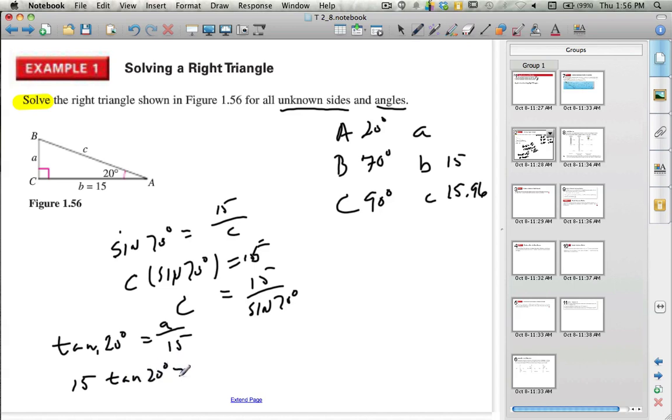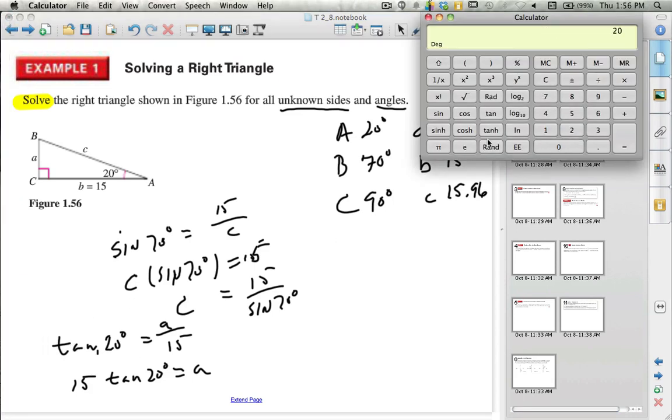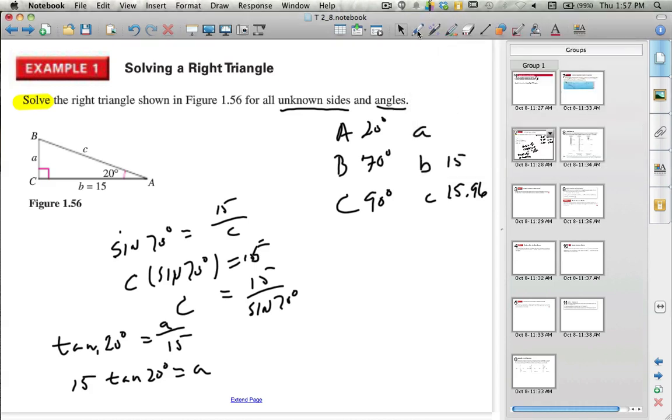So if I multiply both sides by 15, 20 tangent times 15 equals 5.46. Okay, 5.46. And now I have all of the different parts of my triangle.